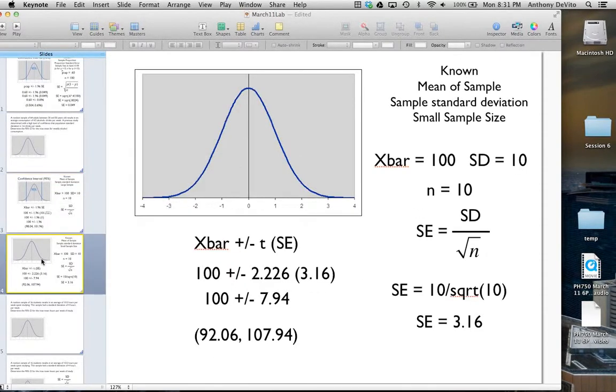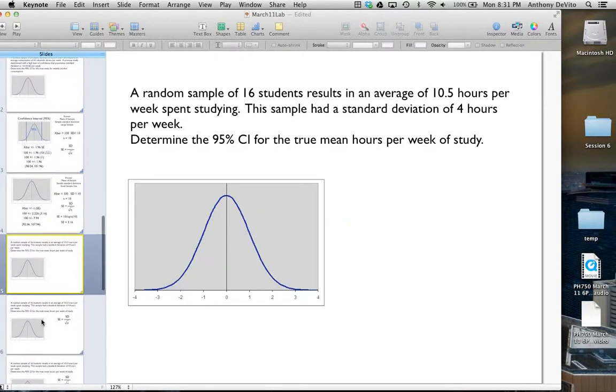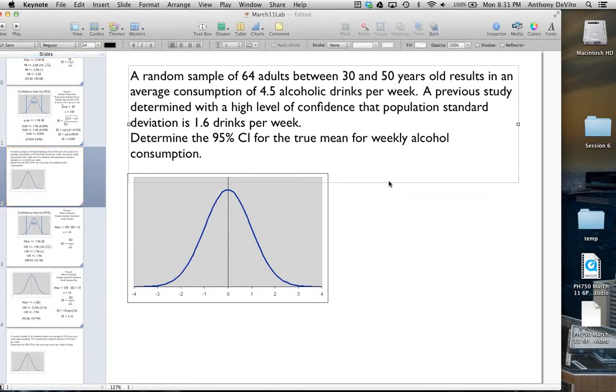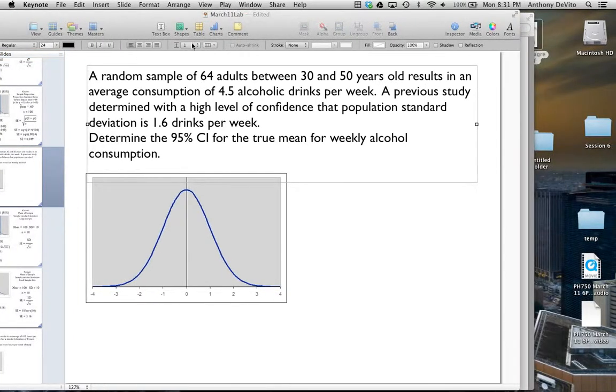Okay, I'm going to do it here from scratch. Let me get a text box here. So my standard error is going to be equal to the standard deviation of the population, which was 1.6, divided by the square root of the sample size.